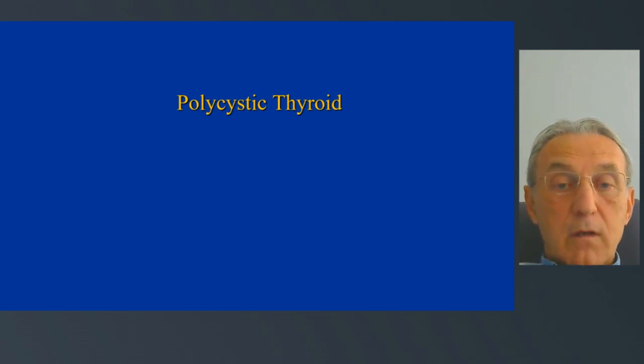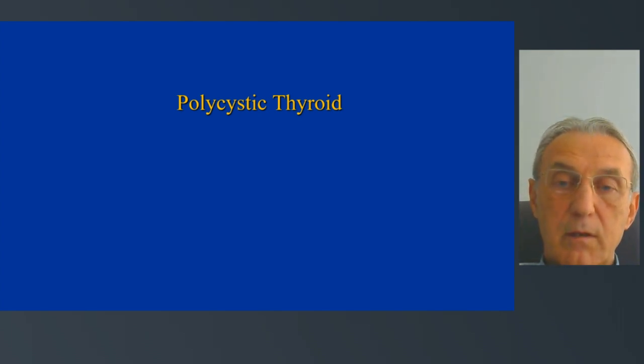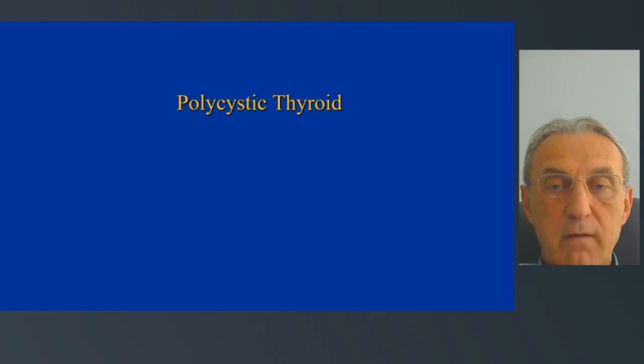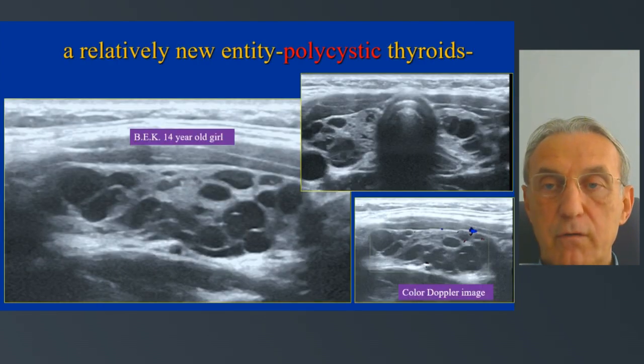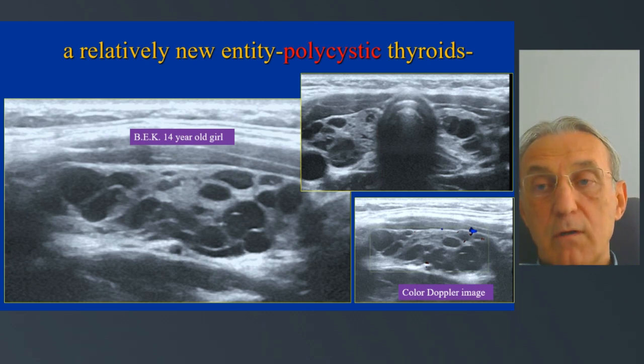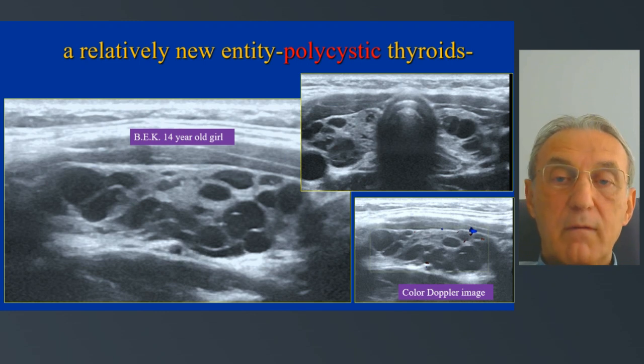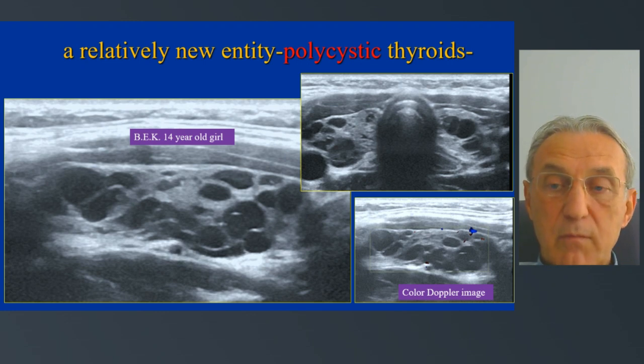In the last 20, 30 years, polycystic thyroid has been introduced as a new entity into the literature. And we have seen few cases which are really polycystic, but they change by time. This is an image of a 14-year-old girl who has polycystic thyroid.